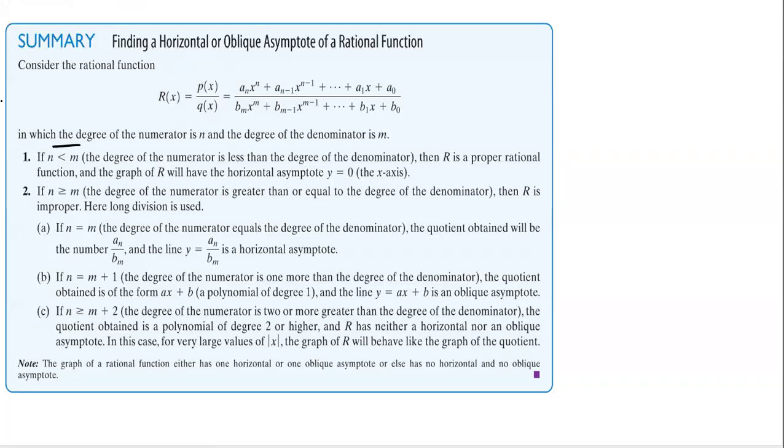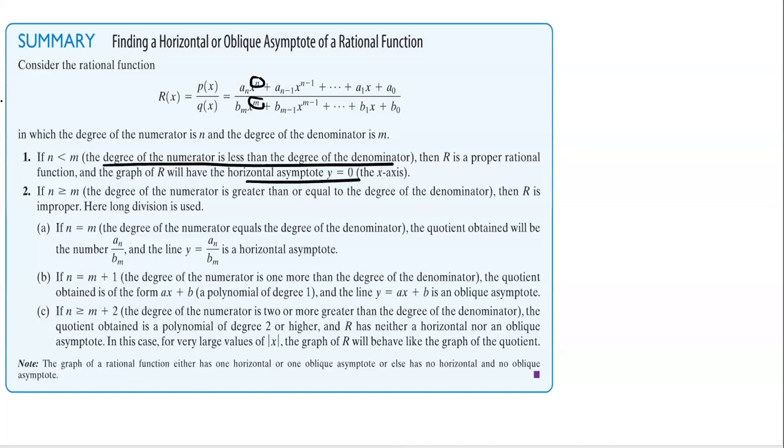All right. So it tells us for the first one, n is less than m. The degree of the numerator is less than the degree of the denominator. Okay. So n, right, is the numerator degree and m is the denominator degree. So it's telling us if n is less than m, then we have a horizontal asymptote at y is equal to 0. That's what that's saying.